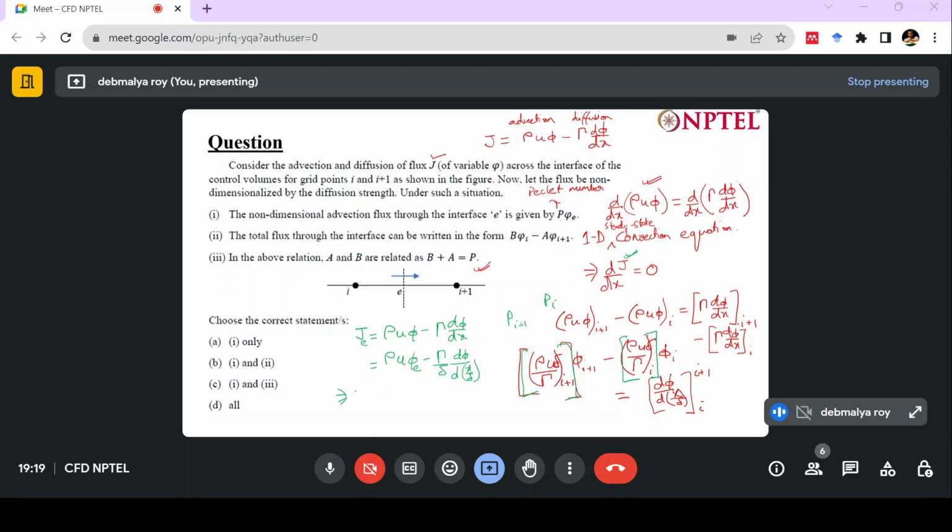And if I then non-dimensionalize this, then I have to divide this by this gamma by delta.